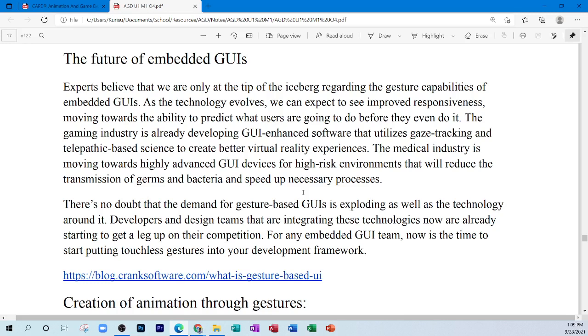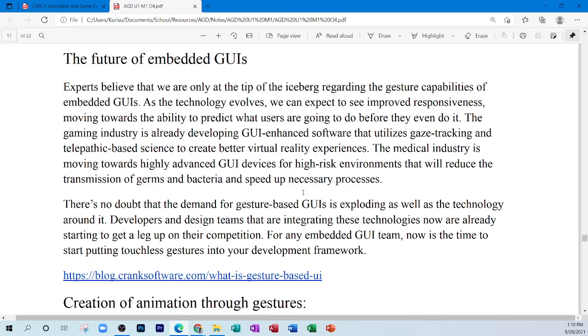The gaming industry is already developing GUI enhanced software that utilizes gaze tracking and telepathic based science to create better virtual reality experiences. The medical industry is moving towards highly advanced UI devices for high risk environments that will reduce the transmission of germs and bacteria and speed up necessary processes.